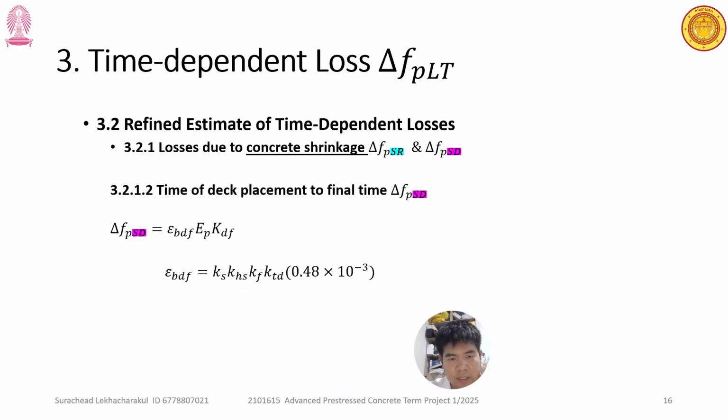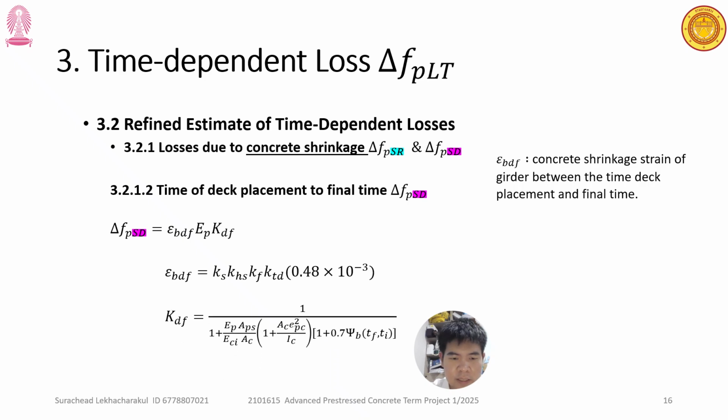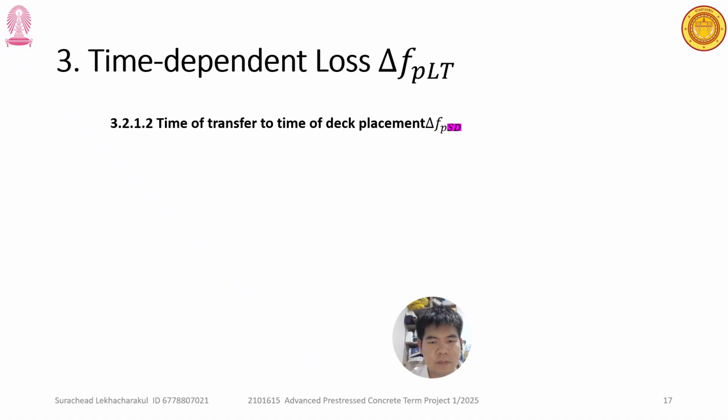Okay, for the shrinkage from time of deck placement to the final time, epsilon BDF is the concrete shrinkage strain, and KDF is the transformed section coefficient. EPS is the same as I mentioned before.